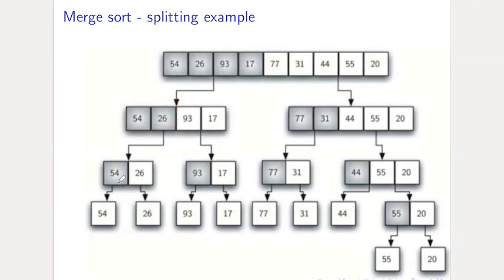So like that, you will continually get the list split until they are split into individual item lists. So this is an individual item list, so it is sorted. Then you go back up the tree, merging.